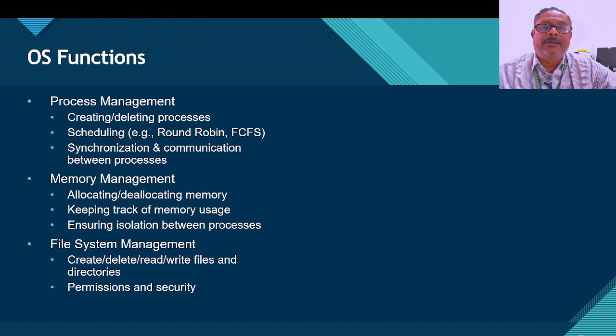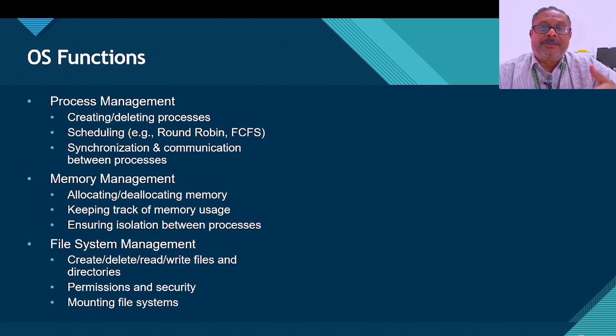So there are three types of permissions: one for read, one for write, and one for execution. At the same time, there are different types of users, like normal user, outsider, the group, and the owner of the file or the directory. Each one may be given different access control permissions, and the security component of that is also taken care of by the file system management part of the operating system.